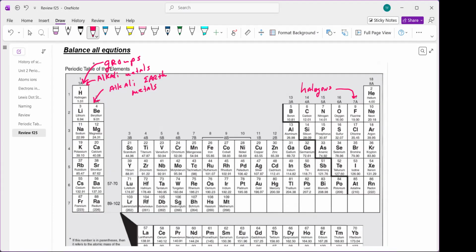Second from the right is the halogens. And the last one is the group called noble gases. Now, all the groups have names, but most people don't use those names. Most people use these 4. They're very common.